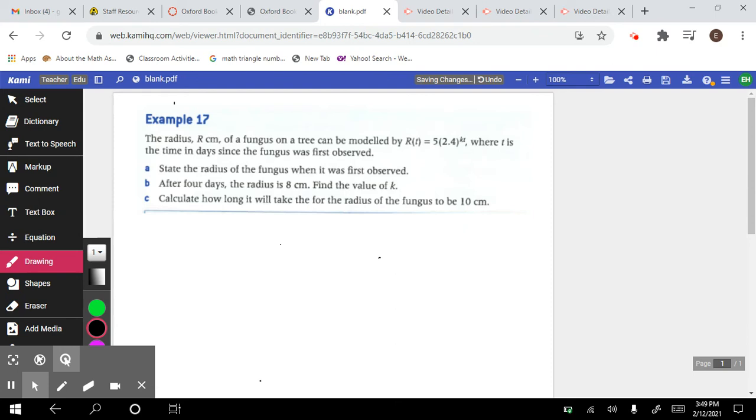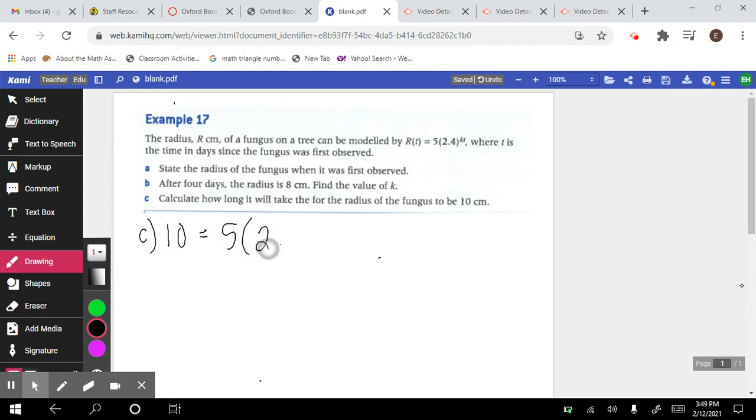All right, let's go ahead and answer this last question. We have calculate how long it will take for the radius of the fungus to be 10. So we're going to plug that in for r. And we're actually going to use the answer that we got from part B. So the k value that we found was 0.134.